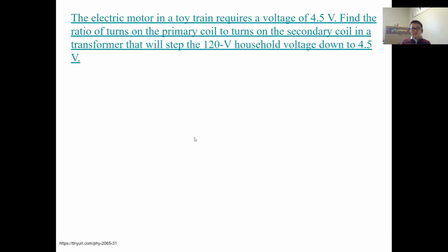All right, so the last example for the day talks about an electric motor in a toy train that requires a voltage of 4.5 volts. Find the ratio of the turns on the primary coil to the turns on the secondary.